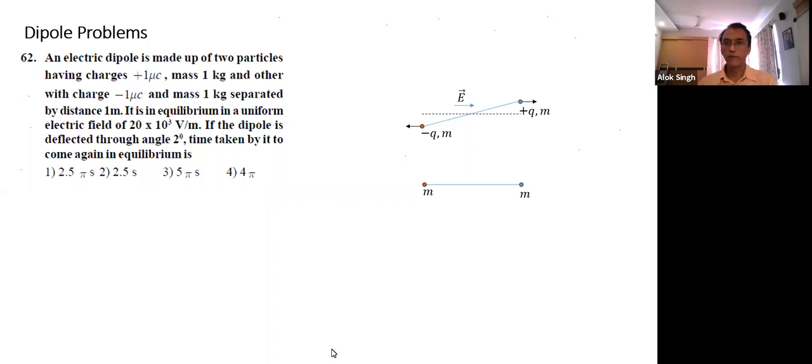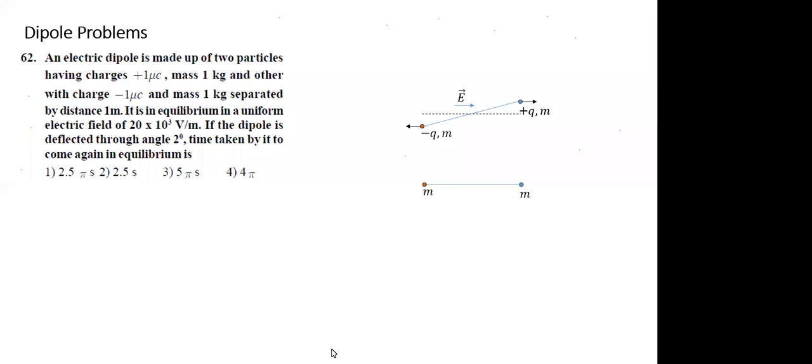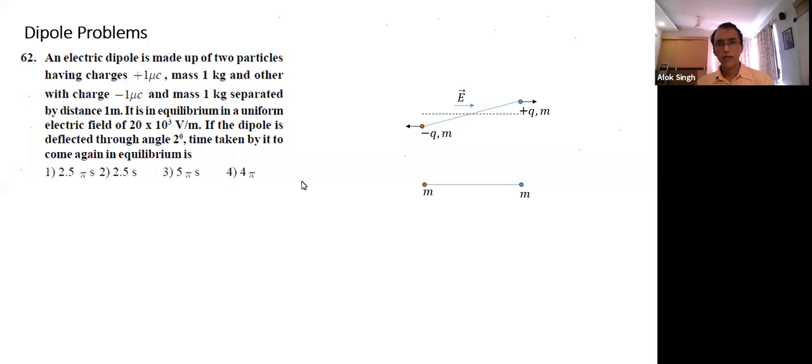Ahlad, what's the answer you have? The 2.5 pi seconds. Okay, but in this question they're not asking about the time period. It's asking, it is deflected through 2 degree. Where do I substitute 2 degree here?